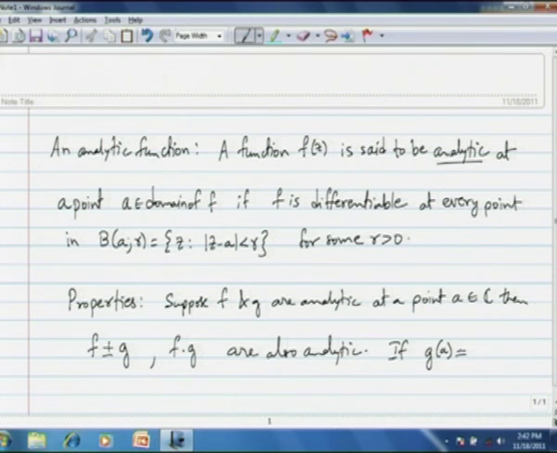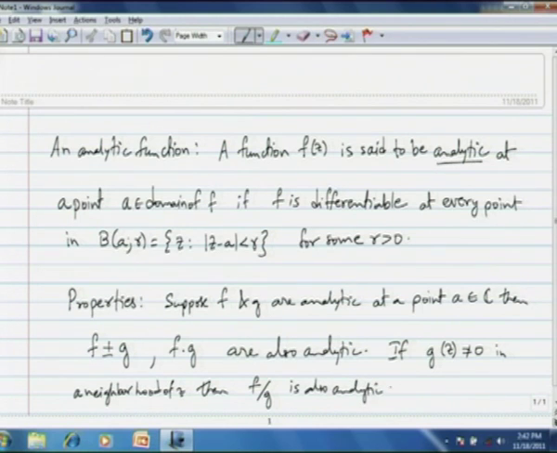If g of z is not equal to 0 in a neighborhood of a, then f by g is also analytic at a.